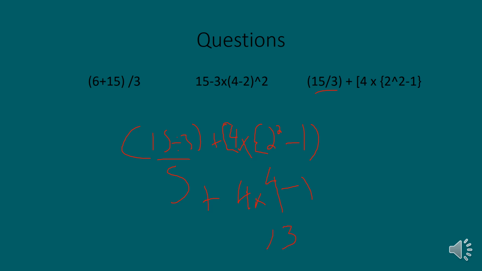And then it's 4 times 3, and 4 times 3 equals 12. All right? Then we bring the 5 all the way down, and 5 plus 12 equals 17. So the final answer equals 17.